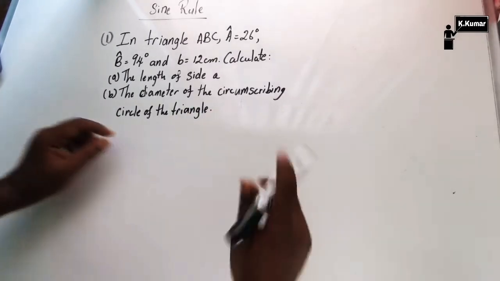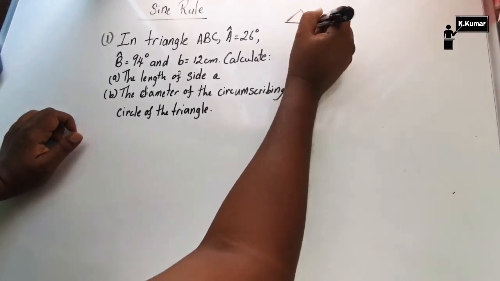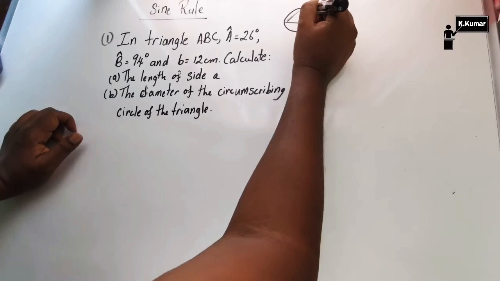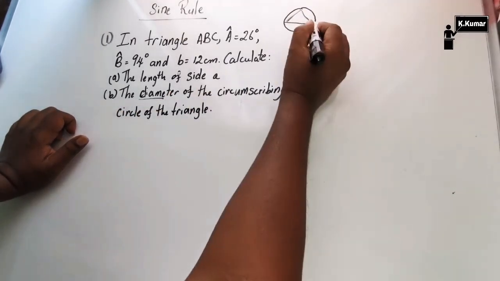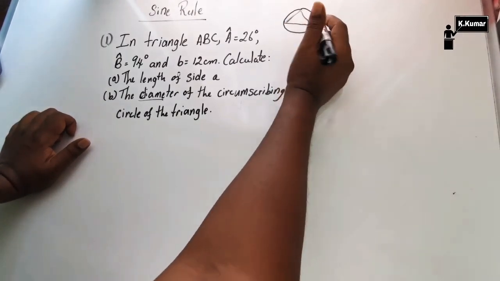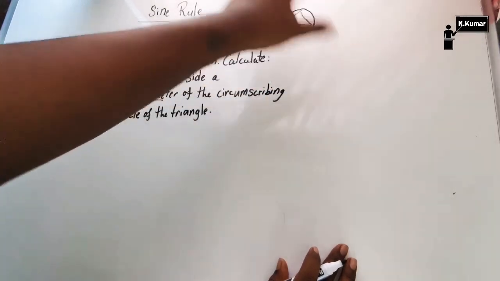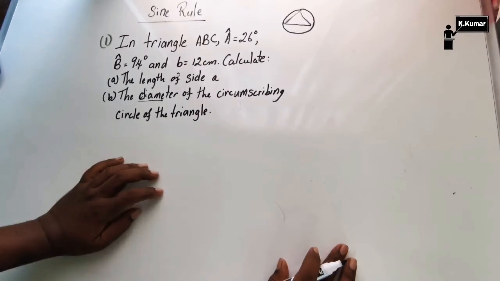This means the circle that's going to circumscribe this triangle. They want us to find the diameter, and you know from our previous lessons that the diameter is the distance from one end of the circumference to the other end, and it must pass through the center. So that's this part. The diameter we're trying to find is of a circle that goes around our triangle.